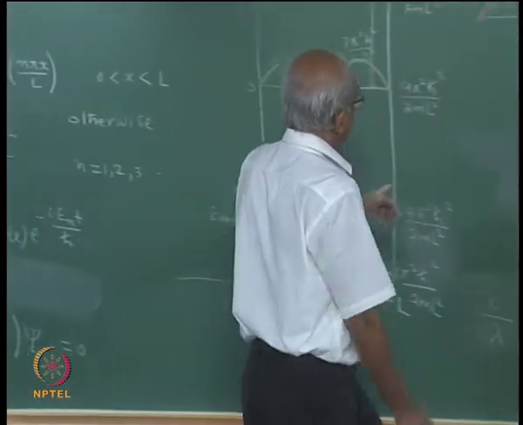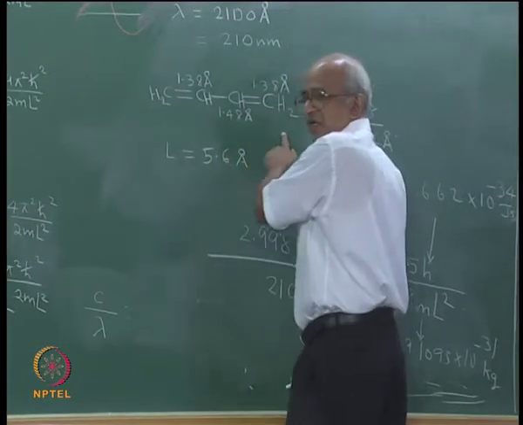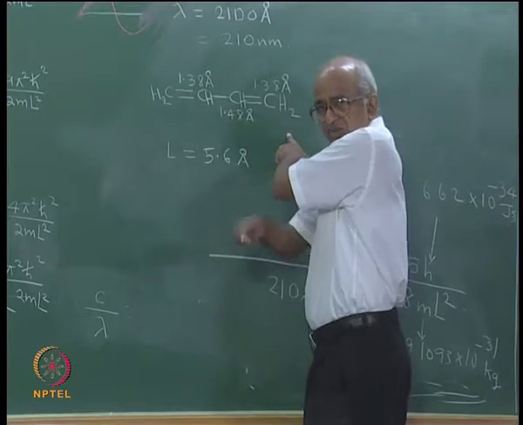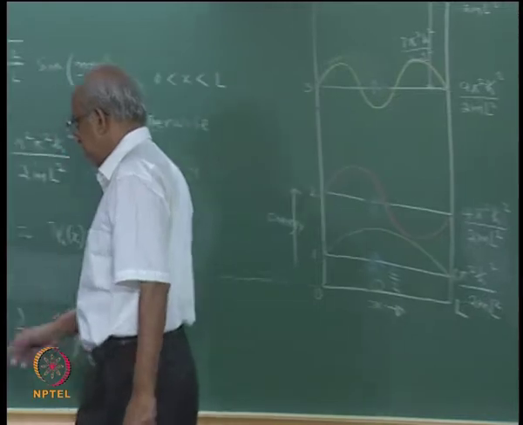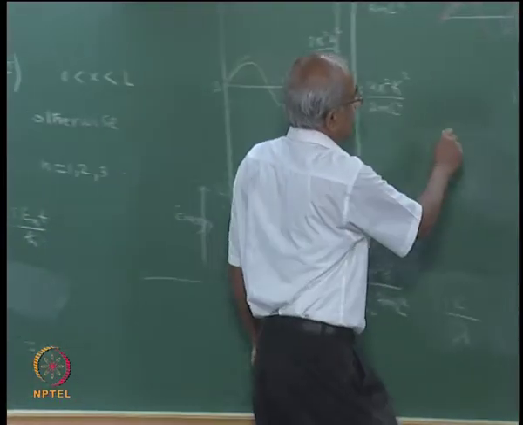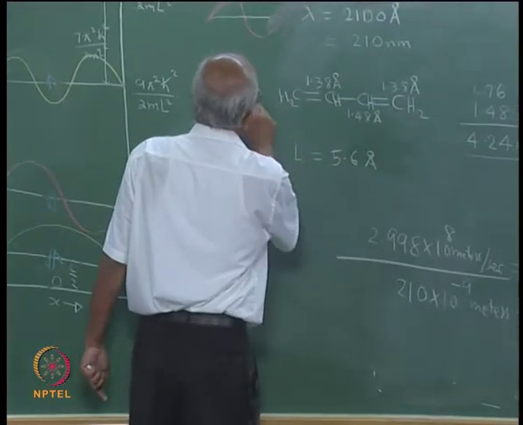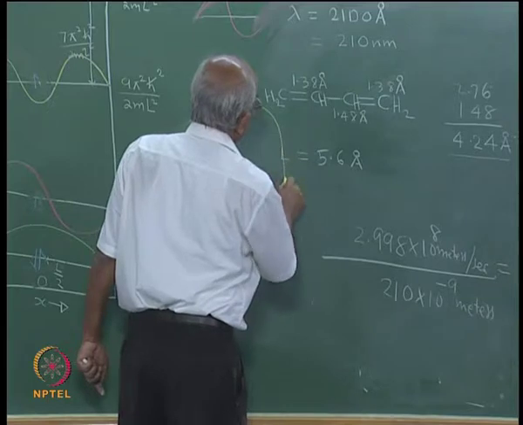Actually, if your electron is moving along this molecule, the potential energy is not a constant. It actually is varying. How does it vary? I have drawn it yesterday. As it nears each carbon nucleus, the potential energy goes down. If this is the molecule, and if you think of the potential energy, it actually goes down like that.